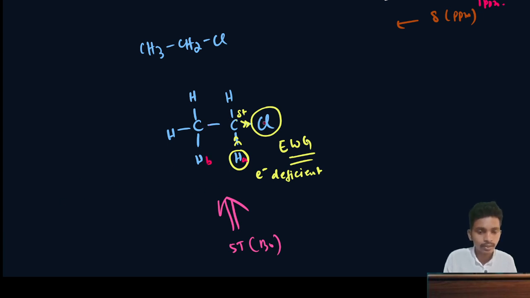This inductive effect is distance dependent, so the electron density in HA is less, let's say 2T, and for HB, because the inductive effect is distance dependent, it takes less electron density, so delta plus is less. So it will take very less electrons from here.